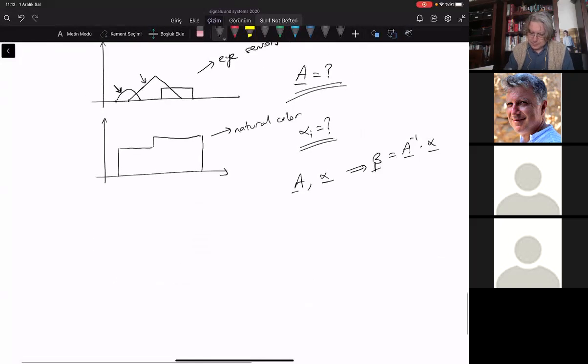Now, there are interesting rules about color matching, known as Grassmann's laws.